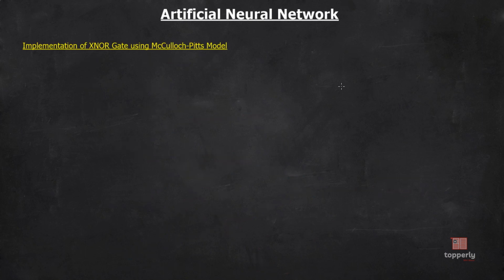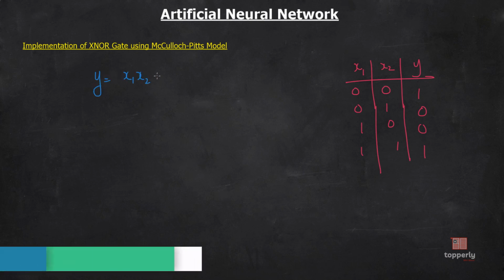Okay. In order to implement the XNOR gate also, proceeding as before, first we will write the truth table. x1, x2, and y. 0, 0, 0, 1, 1, 0, and 1, 1. And the outputs are 1, 0, 0, 1. Now, writing the Boolean expression for XNOR gate, y equal to x1 x2 plus x1 bar into x2 bar, right?